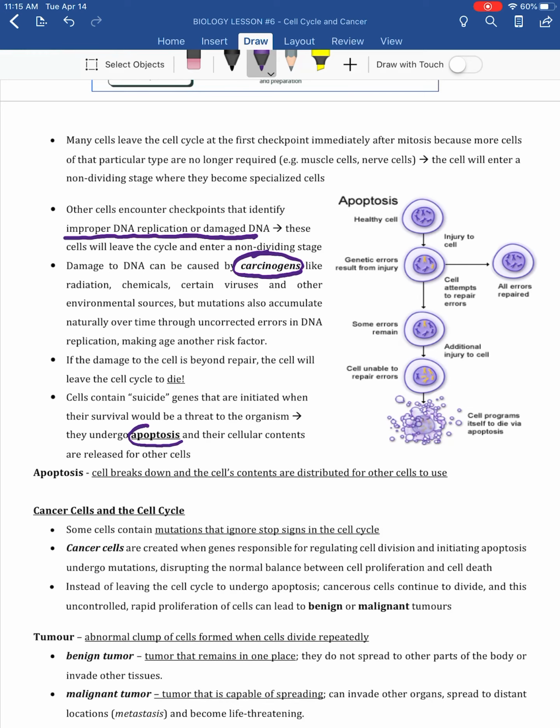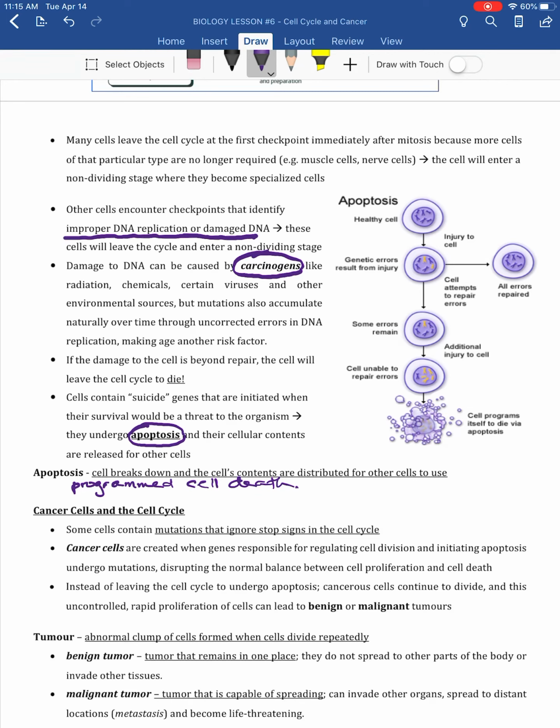And the word for cell suicide, and I like saying the word even though it's kind of a sad word, is apoptosis. Okay, so cell suicide, it's programmed cell death.